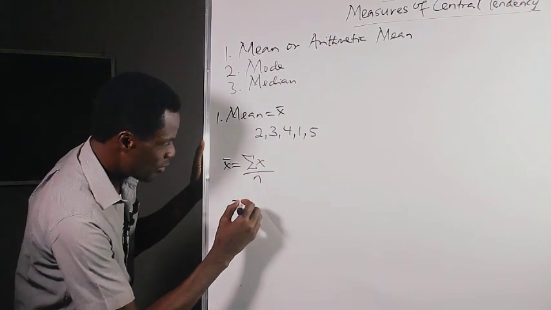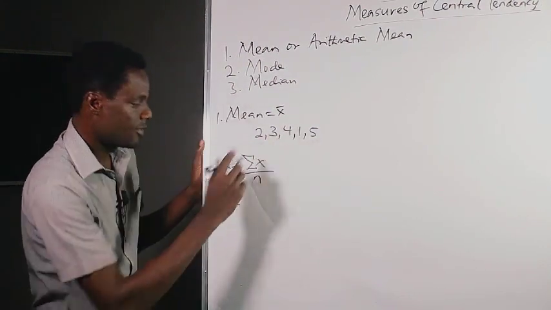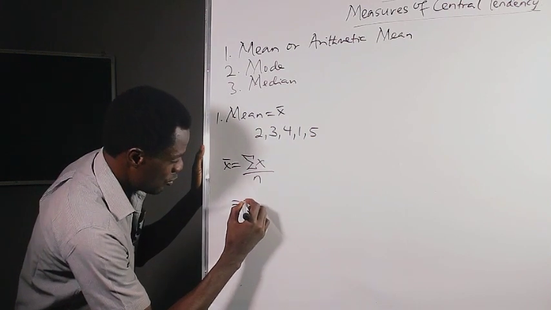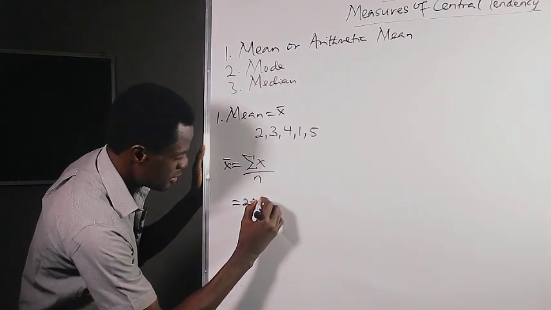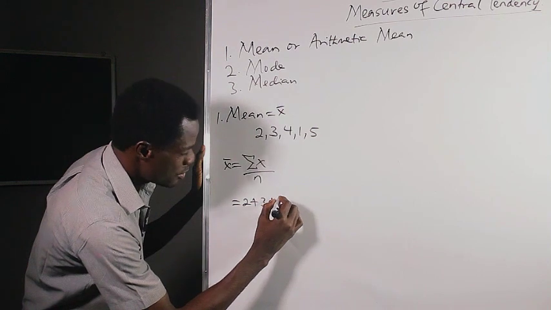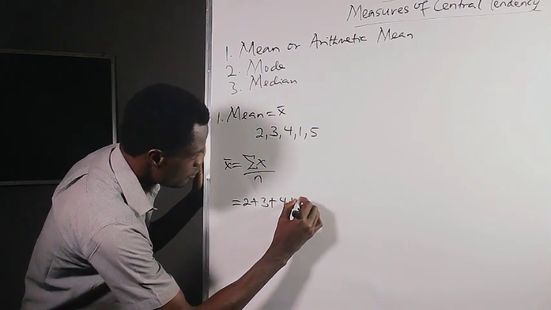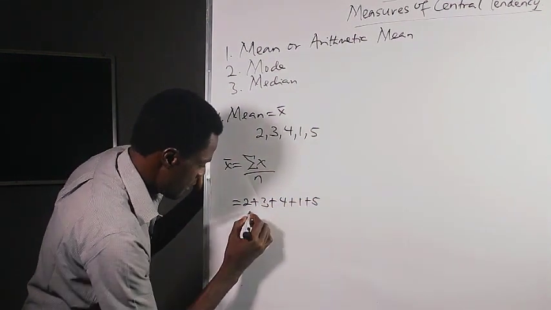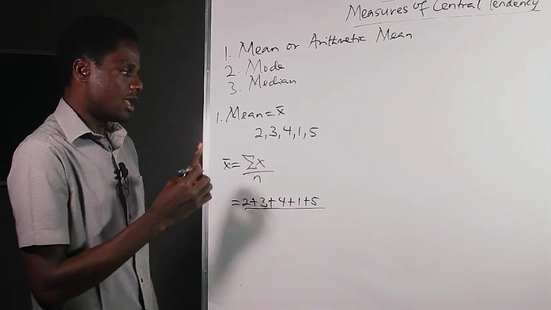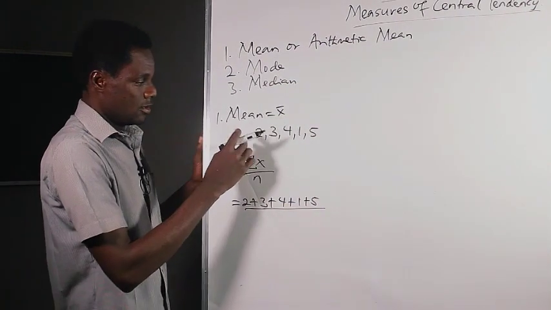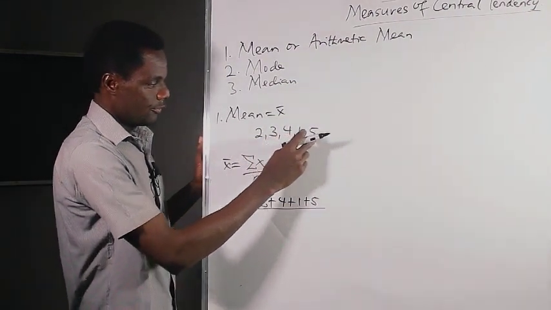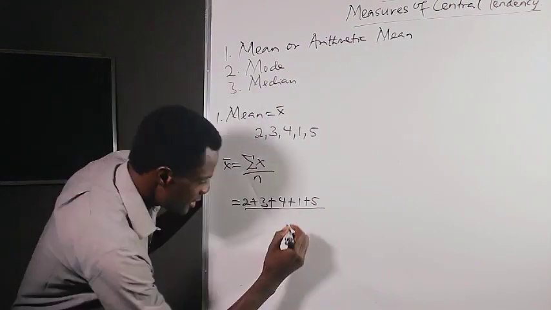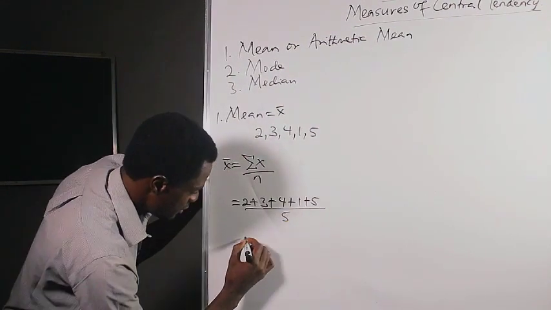So the next thing we are going to do is to take the sum of these figures. Then we say 2 plus 3 plus 4 plus 1 plus 5, all over N. Then we count their number: 1, 2, 3, 4, 5, represented by this N. So we have 5 here.